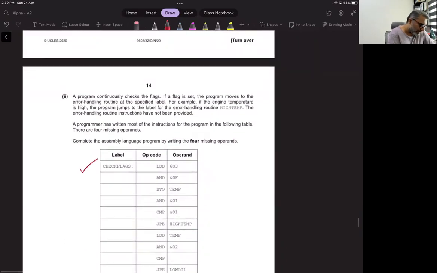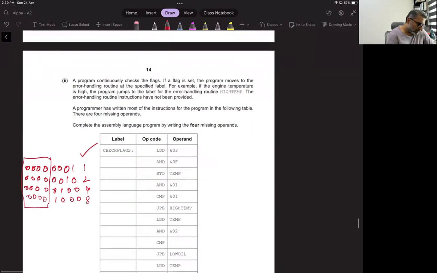So remember, if it is checking this one, it is 1. If it is checking this one, this is 2. If it is checking this one, this is 4. If it is checking this bit, it is 8. These rest 4 bits are never checked. So no worries.